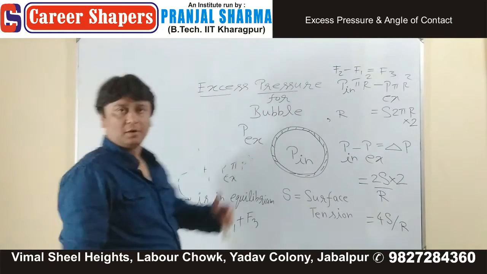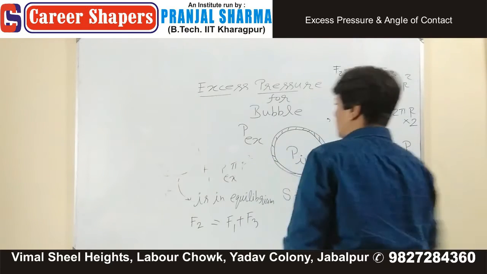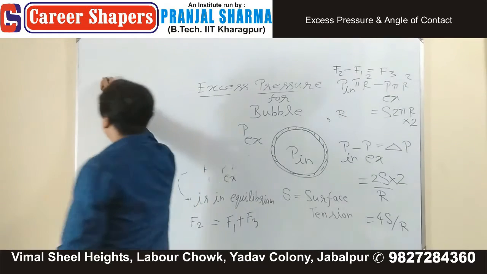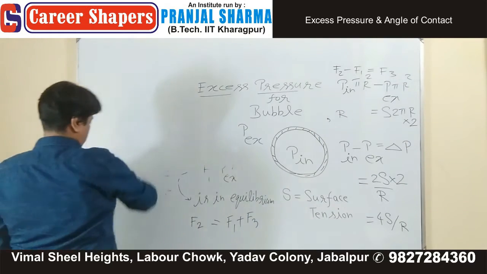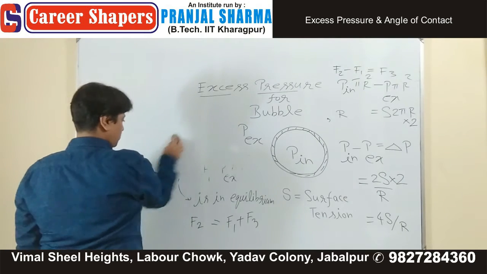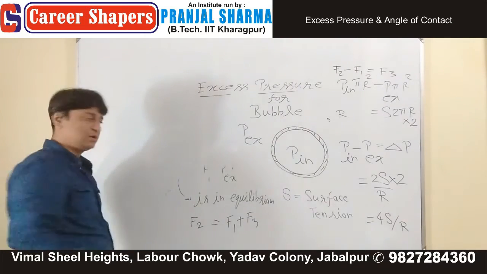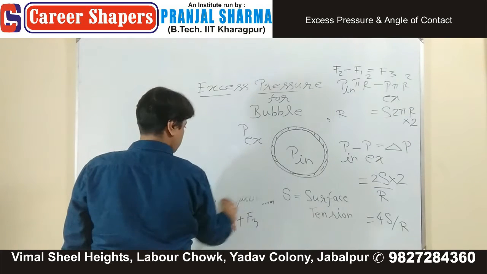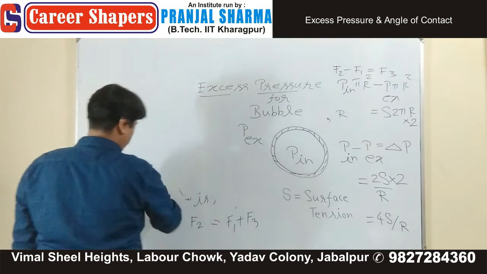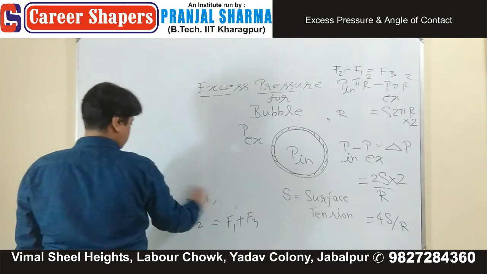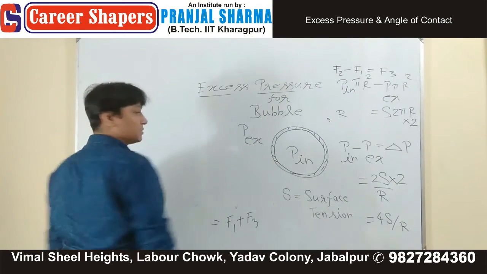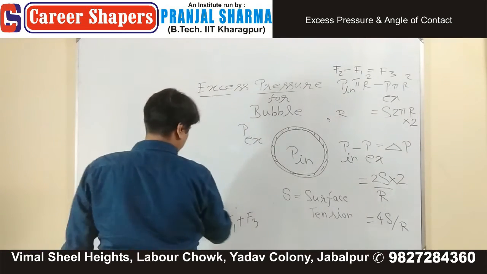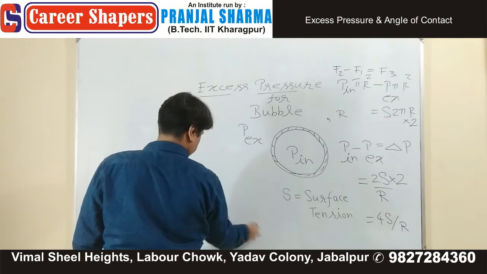You made a bubble of water, both are of the same size. Let's not call it a soap bubble because soap will change the surface tension. We have a drop of water and a bubble of water of the same size, same radius. Which one will have more pressure inside?